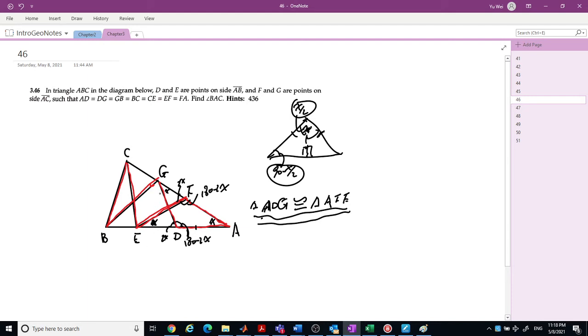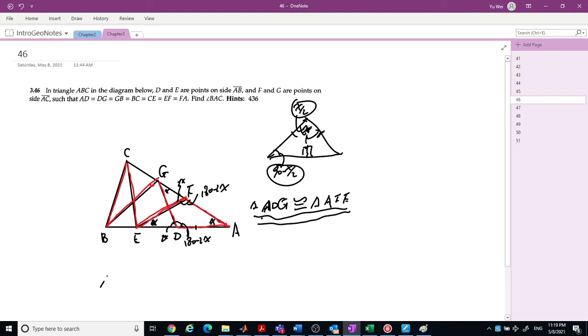Now let's see another congruent. Let me see. So we have this one equal this one, right?